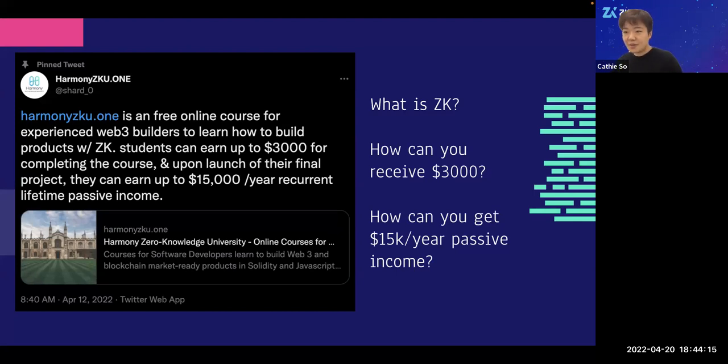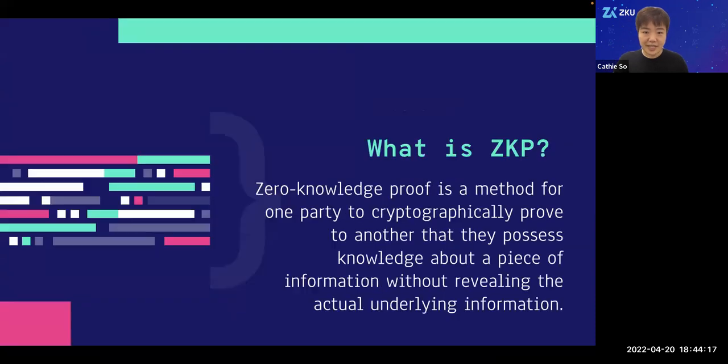Well, first, let's talk about what is zero knowledge, or ZK. Okay, so zero knowledge proof is a method by which you cryptographically prove, from one party to another, that you possess knowledge about something without revealing the underlying information. Okay, this is a little bit abstract.